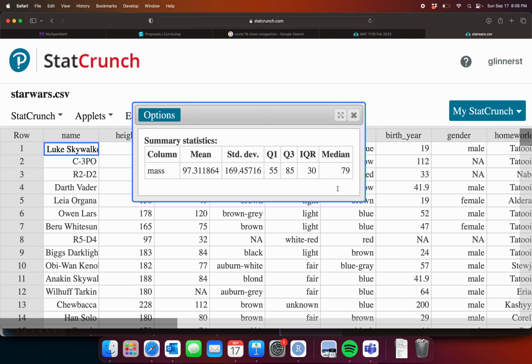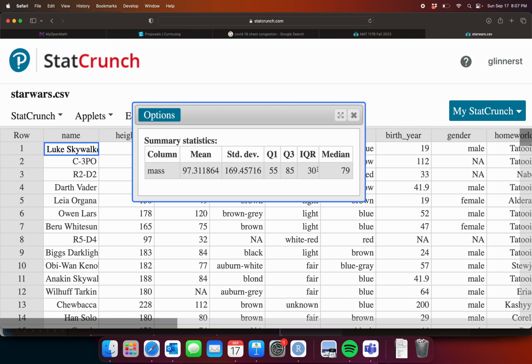Okay, so if we were to look at these summaries, I would ask you, does it seem like this data is symmetric or skewed based on these summaries? You might be able to tell me something. So the mean and the median are a pretty direct comparison. If they're very similar, then it's probably pretty symmetric.